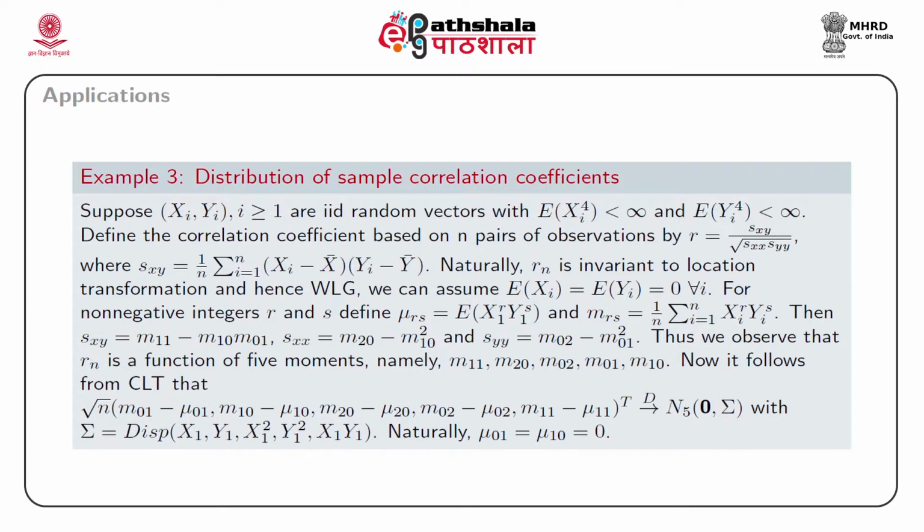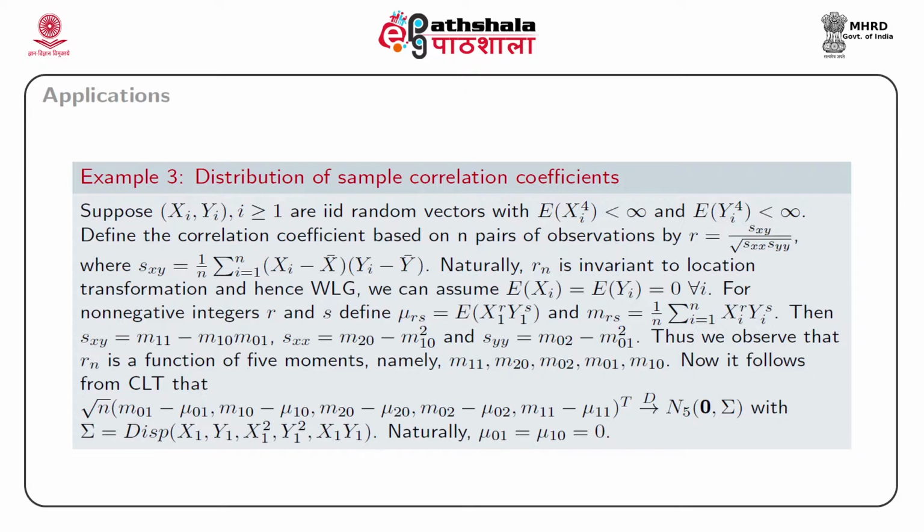Naturally, Rn is invariant to location transformation, and hence without any loss of generality we can assume expectations of xi and yi as 0. Now, we define for non-negative integers r and s, mu rs as expected value of x1 to the power r multiplied by y1 to the power s, and mrs as 1 by n summation i from 1 to n xi to the power r yi to the power s.